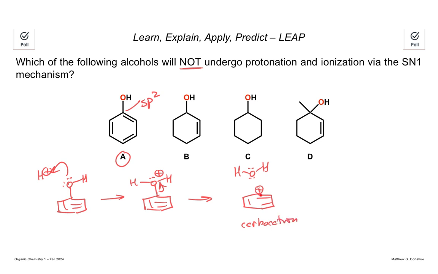This carbocation is super high in energy because the plus charge is not in a p orbital. Because look at that carbon-carbon bond right there.